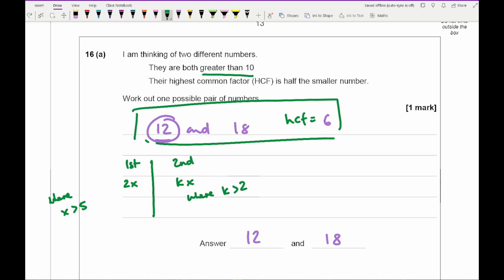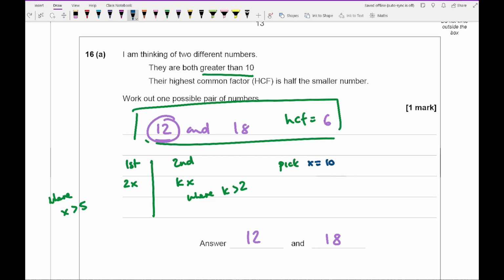So these are the parameters that you can have. For example, if you pick a number greater than 5, let's go for 10, so pick x equals 10.